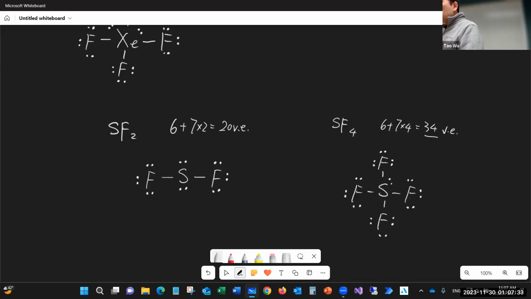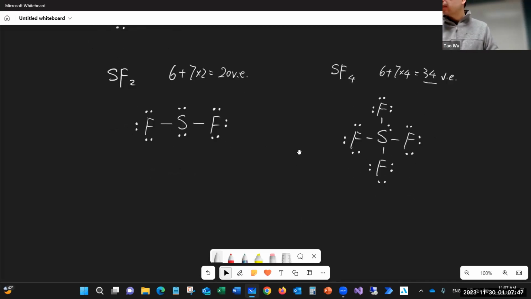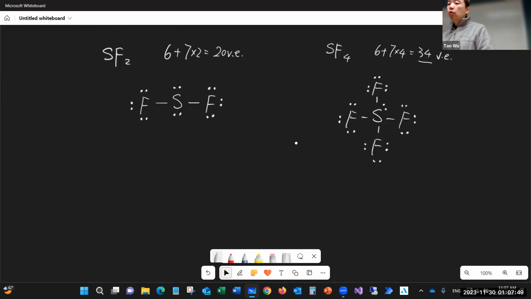Then you just put the 2 more on the central atom. Doesn't matter whether you put it on the right side or the left side, as long as you have another pair of electrons. This is SF4.